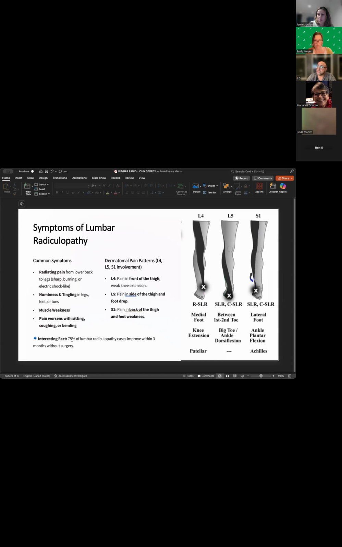Interesting fact, 75% of lumbar radiculopathy cases can improve within 3 months without the need of surgery, but obviously it all depends on how bad the herniation is.